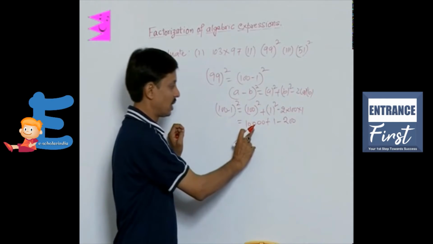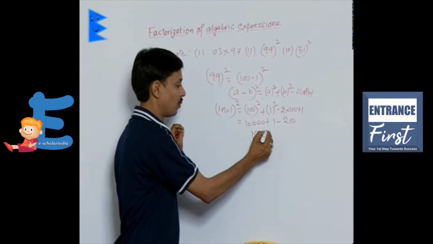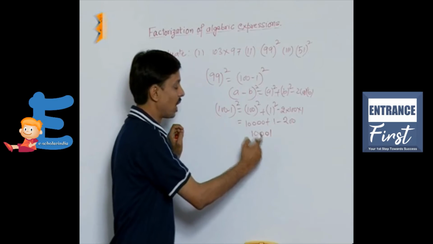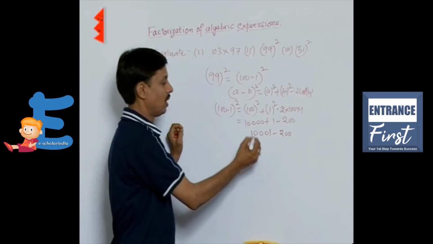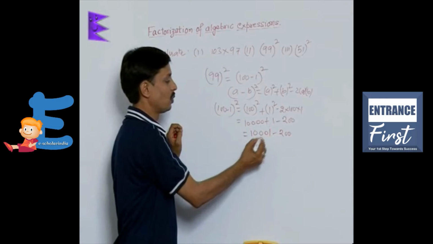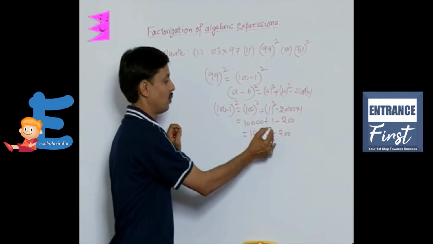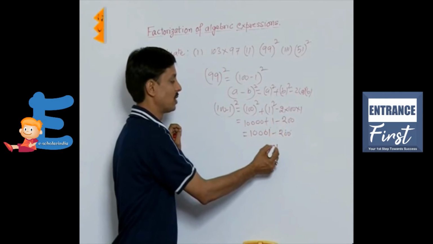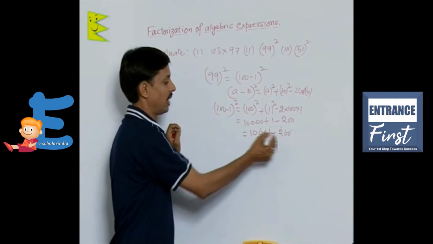So this is 10,001 minus 200, which will be the net value. Subtracting 200 from 10,001: 1 minus 0 is 1, 0 minus 0 is 0, 9 minus 2 is 7, and 9 stays, giving 9,801.